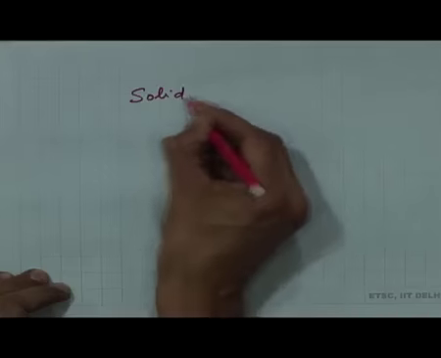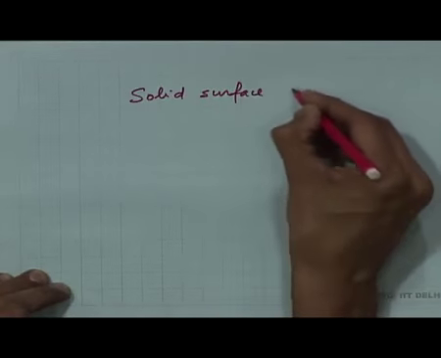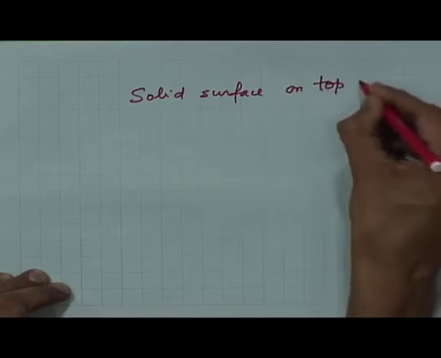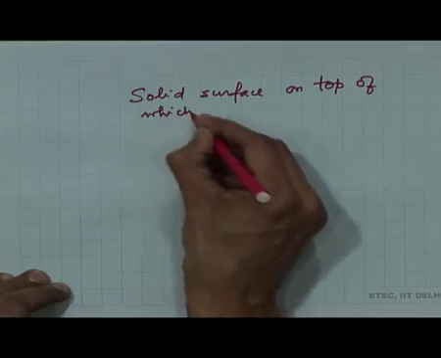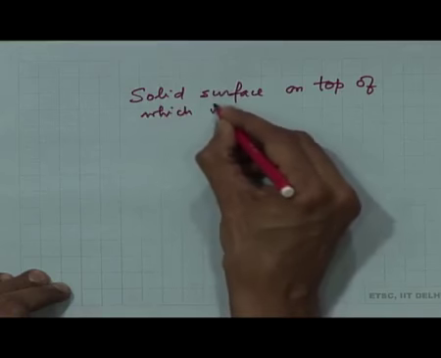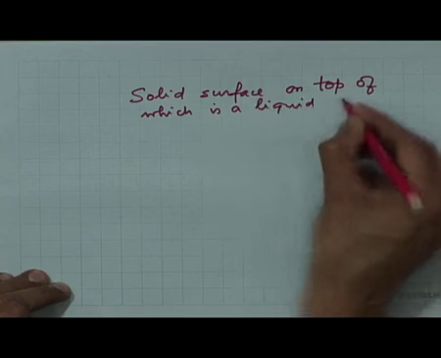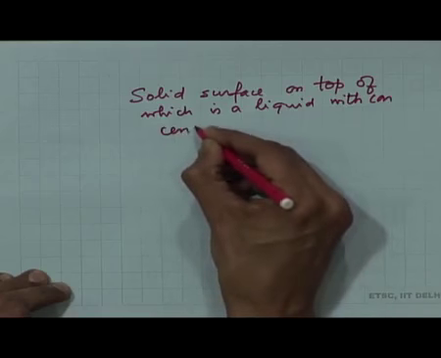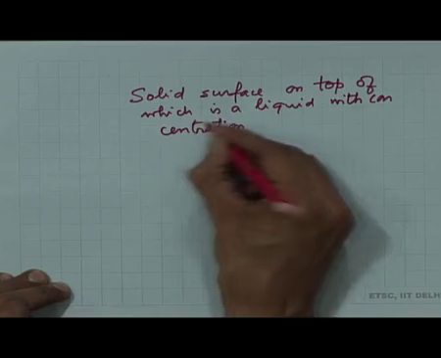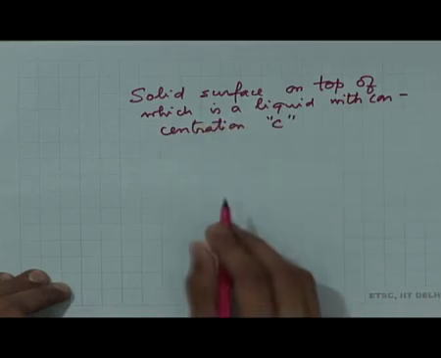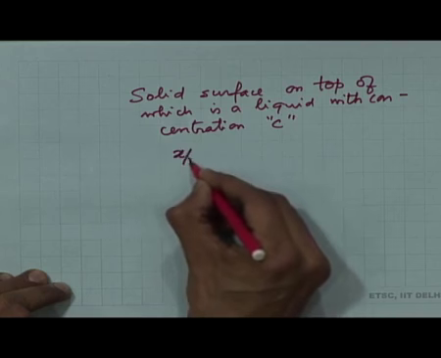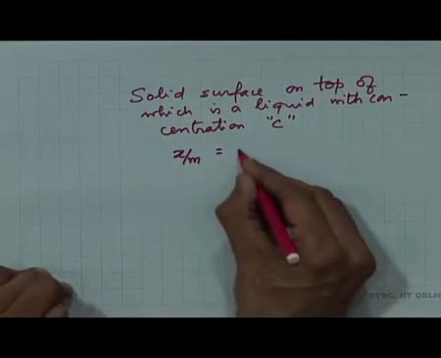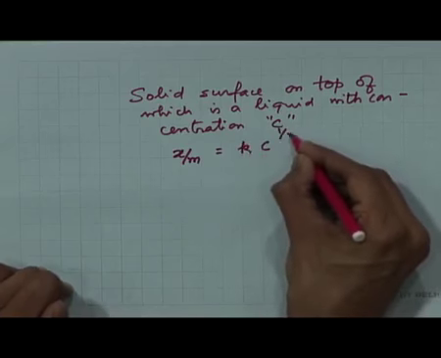So, I take a solid surface, if I take a solid surface on top of which there is a liquid with concentration C, Freundlich found a very similar relationship, that x over m is k C to the 1 over n.